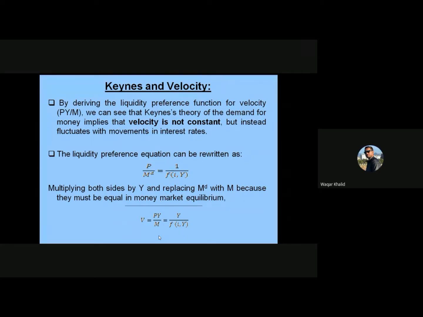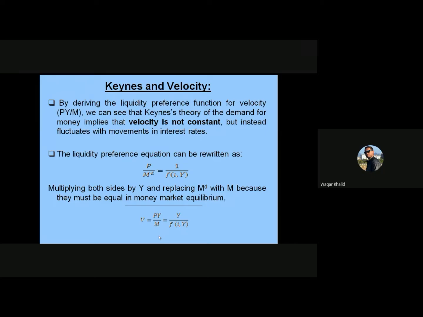So the liquidity preference equation can be written by changing this expression from MD divided by P to P divided by MD, just bringing the numerator to the denominator place and the denominator to the numerator. So we can write P divided by MD is equal to 1 divided by f(i, Y).